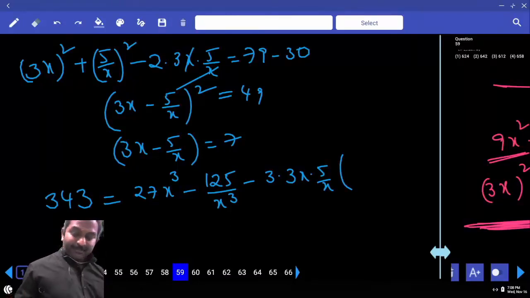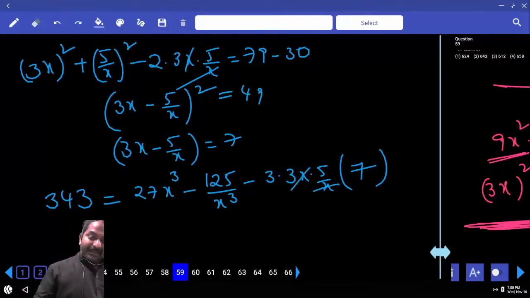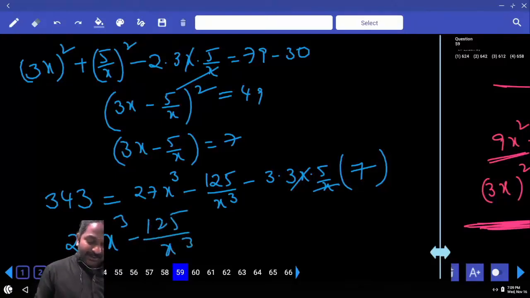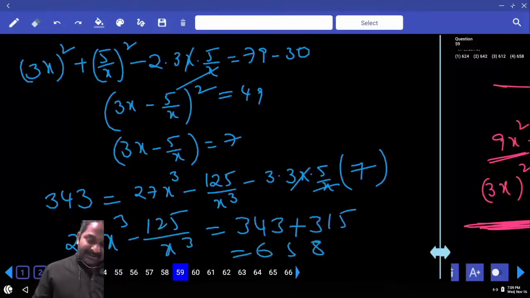What is the a minus b value? Come on, 7. x gets cancelled. 3 into 3, 9 into 5, 45, 7 times. Take 50 times minus 5 times. 50 times 7, 350. 5 times 7, 35. 350 minus 35, 315. Minus or plus? Take that to the left hand side. That becomes plus. Then 27 x cube minus 125 by x cube is equal to 343 plus 315. The answer must end with 8. 658.